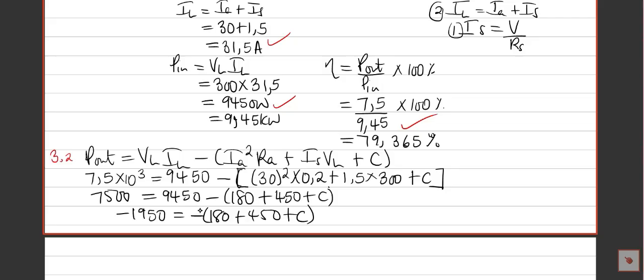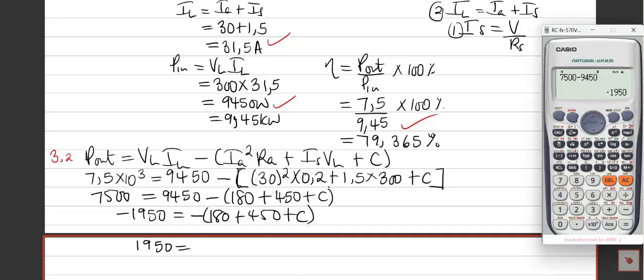Alternatively, you could multiply this inside the bracket, but the easiest way is to just divide both sides by a negative sign. Eventually we'll have 1950 equals, you can add these two, 180 plus 450, you have 630.